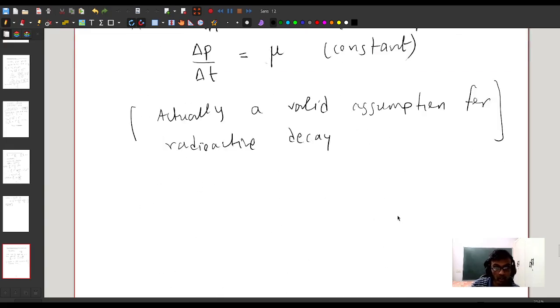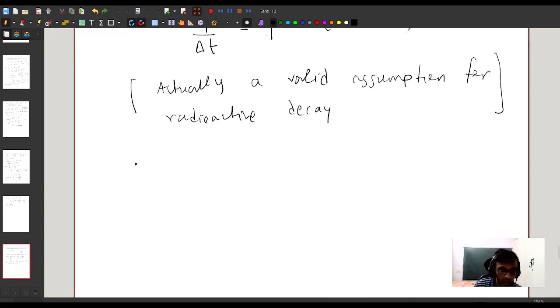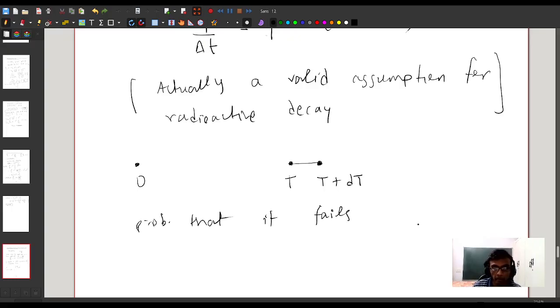So what we can do is consider the probability for the bulb to fail between some small interval t and t plus dt. Probability that it fails between times t and t plus dt.